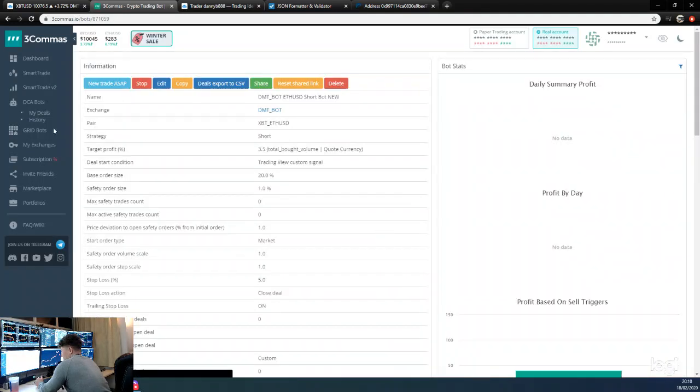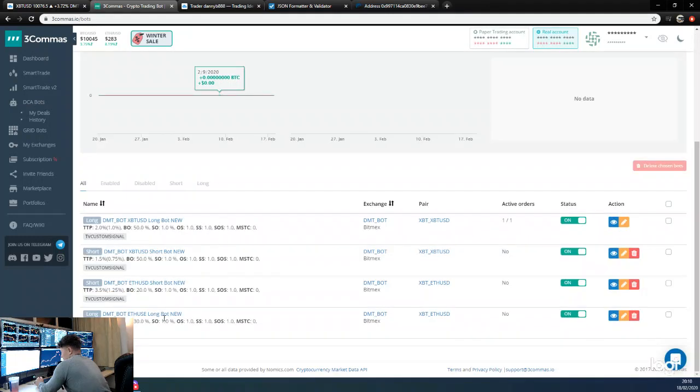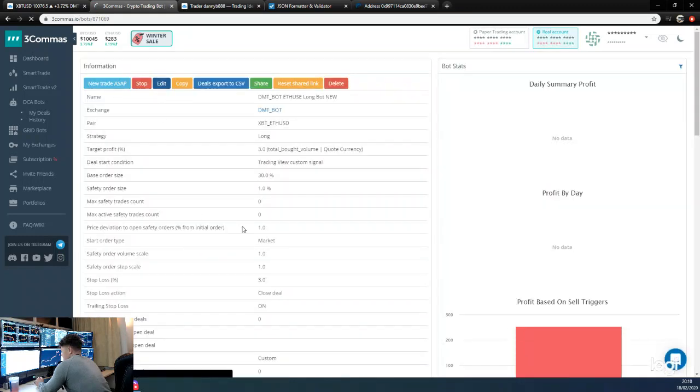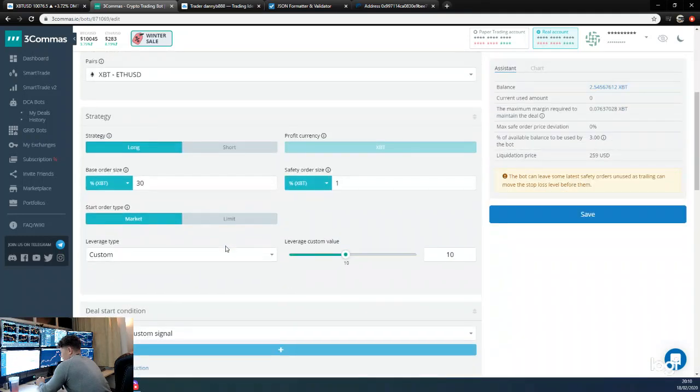So we're going to adjust the long Ethereum bot. The Ethereum long bot is the one that we lost on today. The base order size was 30 again, so I'm going to change that down to 20.